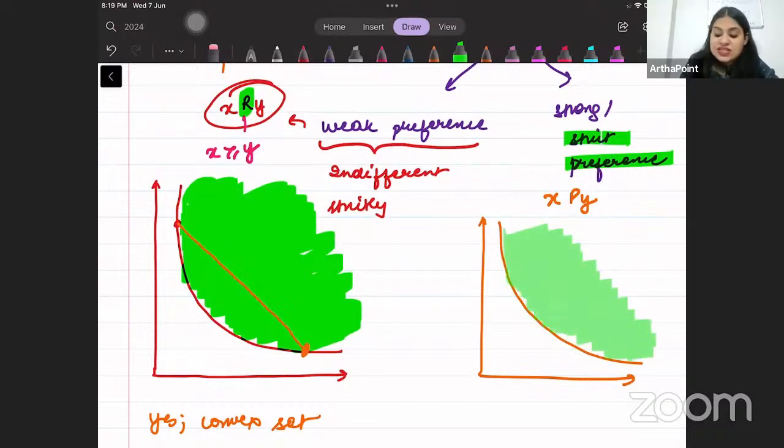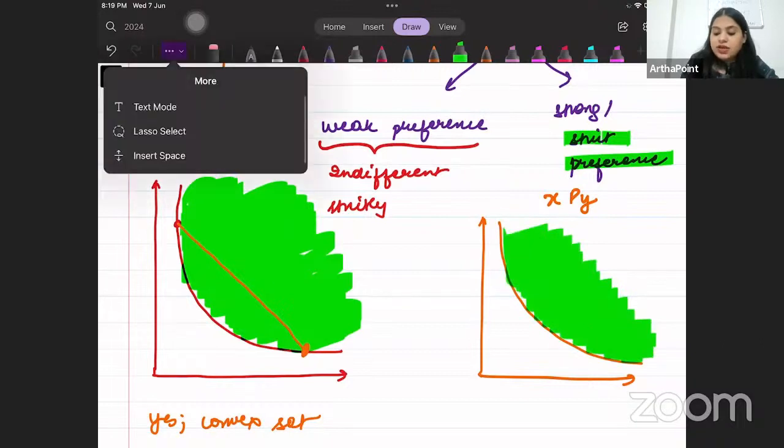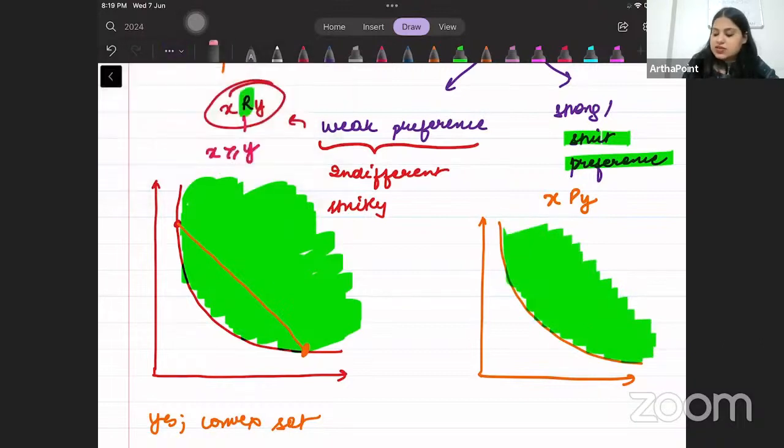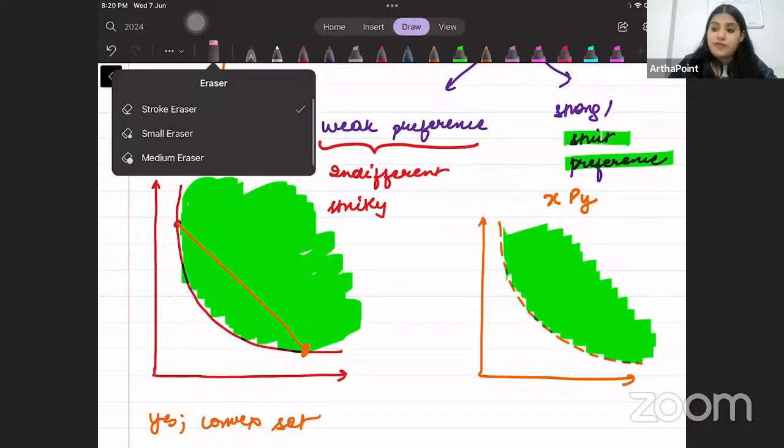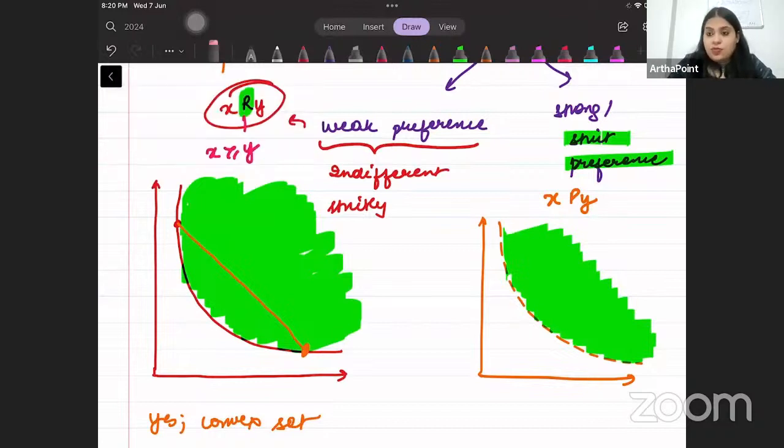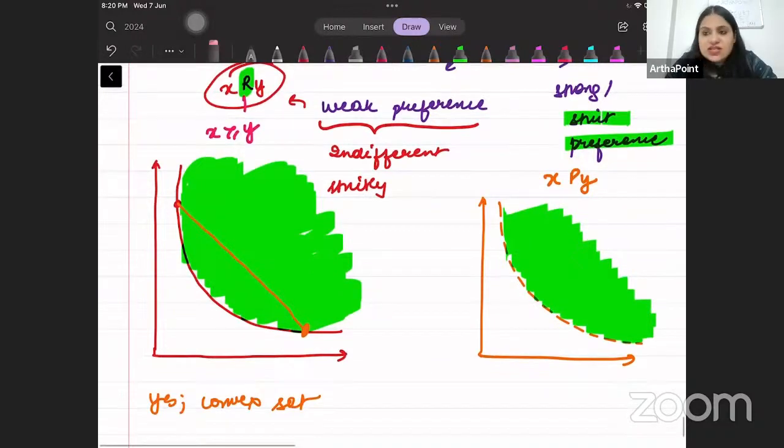My IC itself will not be included in this region because I am talking about the strict preference.